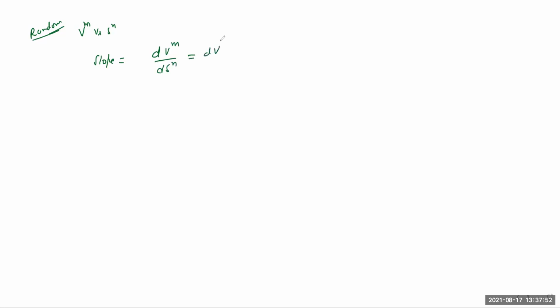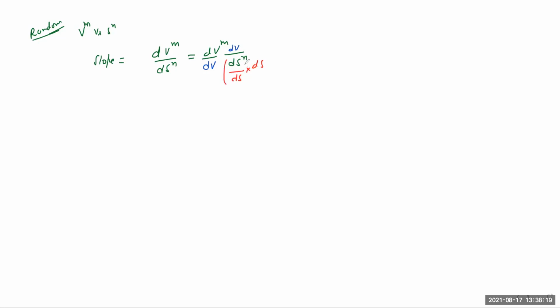Now we can rewrite this as d(v^m) by d(s^n). What we do next is interesting. We write dv here, dv here, and ds here, and ds here. It's too complex, right? I write ds also and dv also. Why am I doing this?